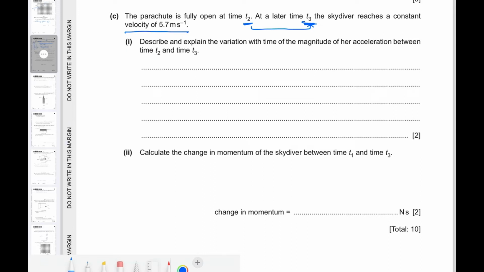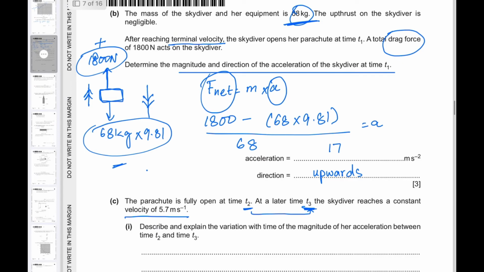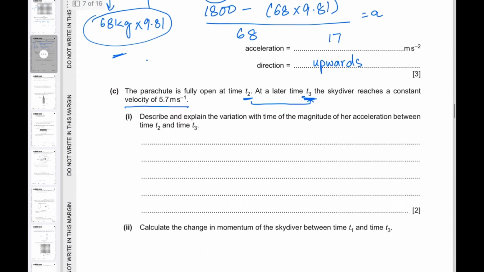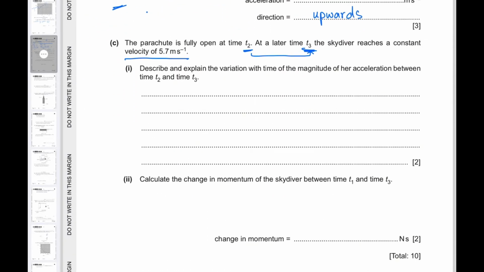Recall that the deceleration of the diver was due to the drag force acting on her, and drag force depends on the speed of the moving object. When the diver slows down between T2 and T3, the drag force acting on her will also reduce.